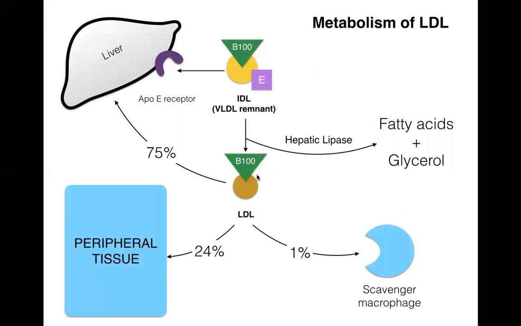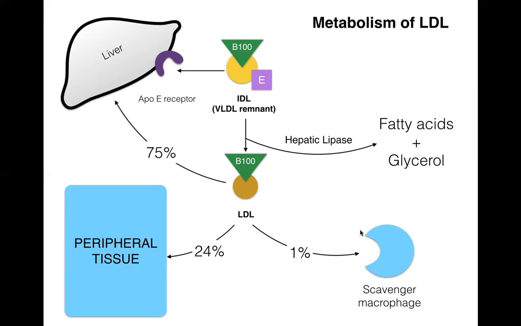What happens now to LDL? 75% of LDL can be taken up by the liver through a mechanism called LDL receptor-mediated endocytosis that requires recognition of ApoB100. 24% delivers cholesterol to peripheral tissue, again through the same mechanism, LDL receptor-mediated endocytosis. 1% delivers its cholesterol to macrophages through the same mechanism, still LDL receptor-mediated endocytosis.